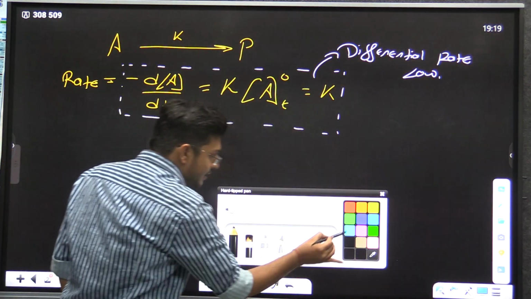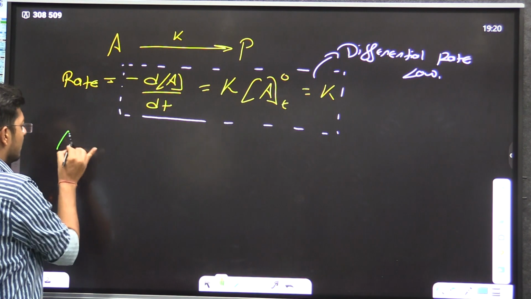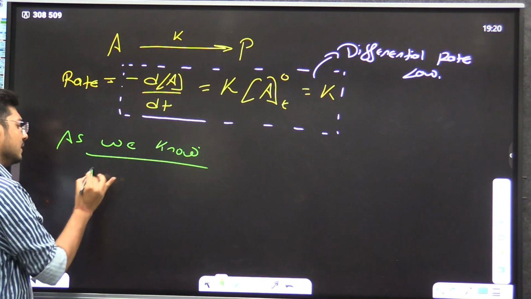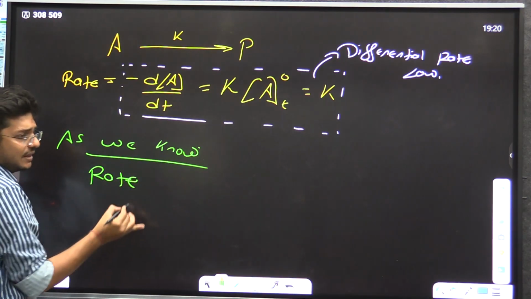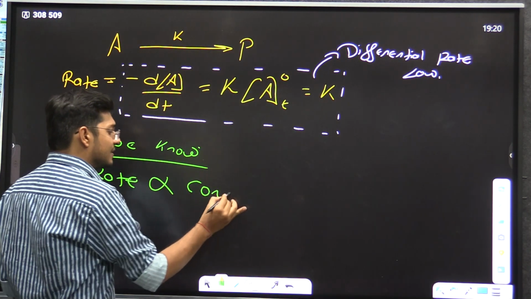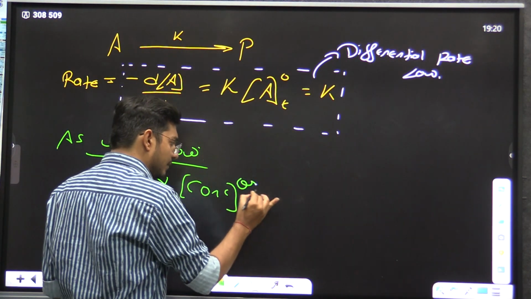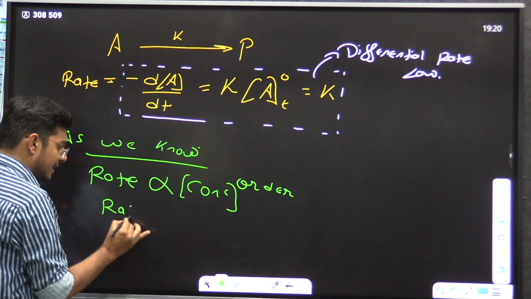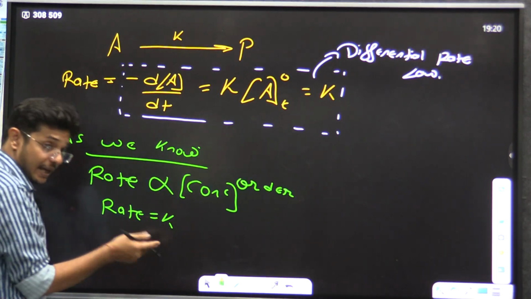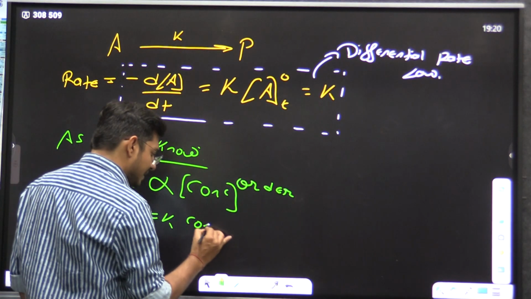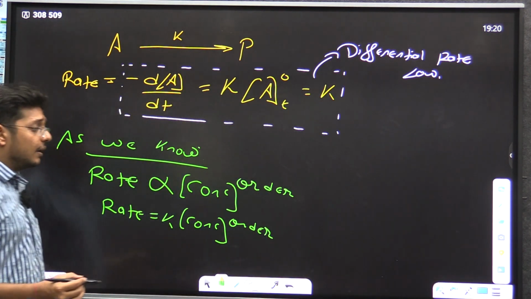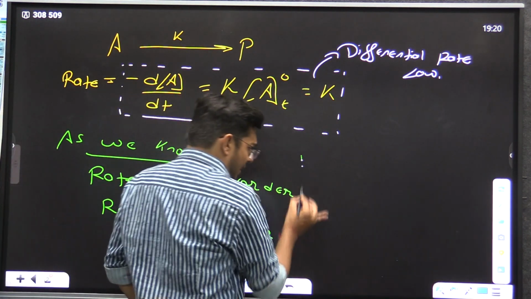Now, what does zero order say? As we know, for any reaction, the rate of reaction is directly proportional to the concentration raised to the power of the order. If we remove the proportionality, we need to write the rate constant K with some concentration having the order, and we say the reaction is zero order kinetics.